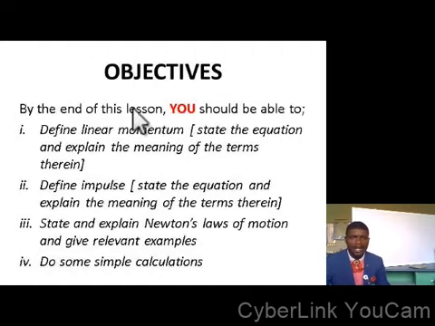By the end of this lesson, you should be able to define linear momentum, state the equation, and explain the meaning of the terms therein. Define impulse, state the equation, and explain the meaning of the terms therein. State and explain Newton's laws of motion, and give relevant examples. And of course, you will be asked to do some simple calculations.